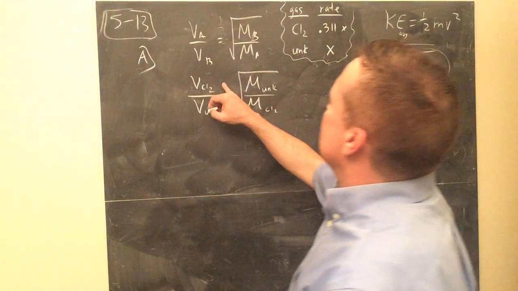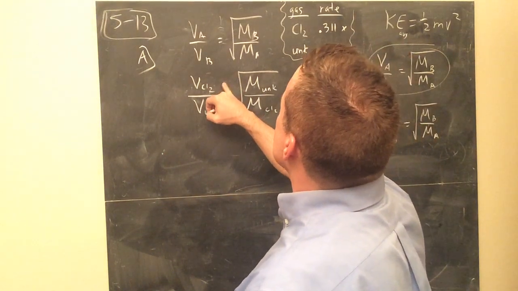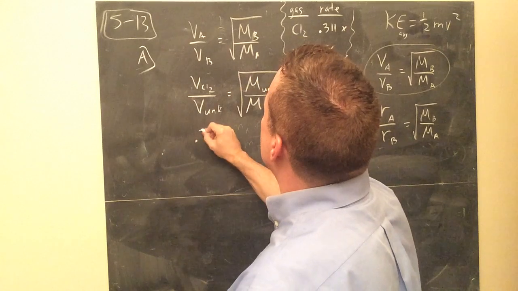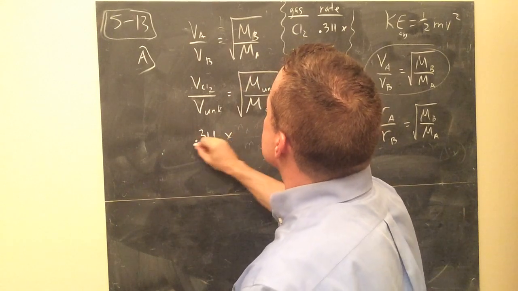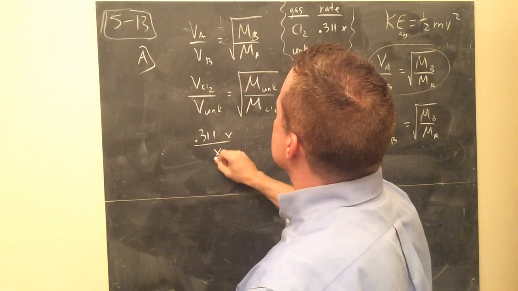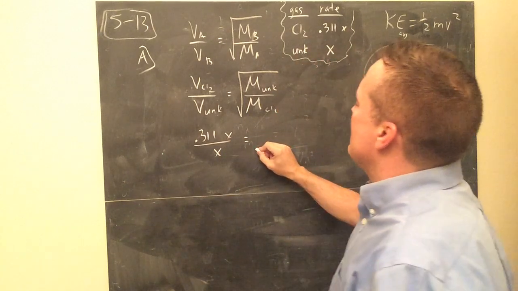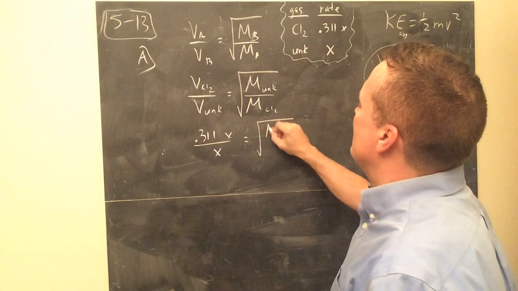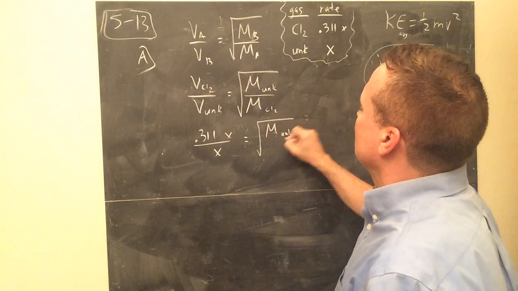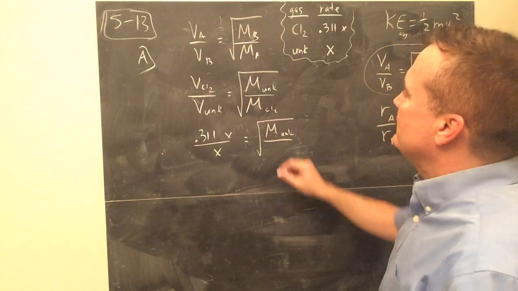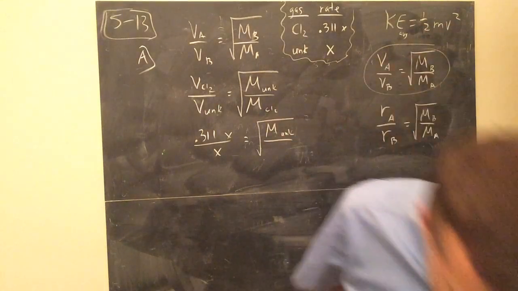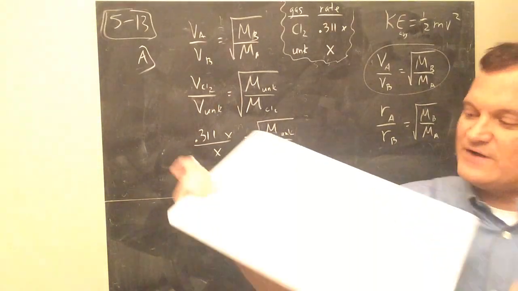So chlorine is moving at 0.311x, and the unknown is moving at x. The mass of the unknown we don't know. We're trying to find that out. The molar mass of the chlorine, we'll go on the periodic table. Chlorine is 35.45.